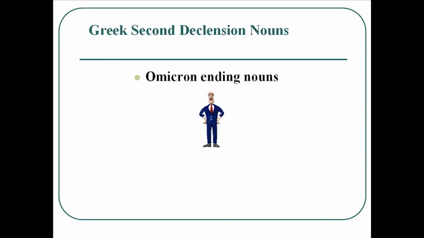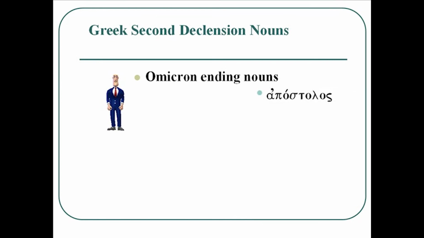Alright, now we're ready for the forms of the second declension nouns. These nouns end in an omicron. You get the omicron by sliding the final sigma off the ending, and you see that the omicron then is exposed. An example of this is apostolos.